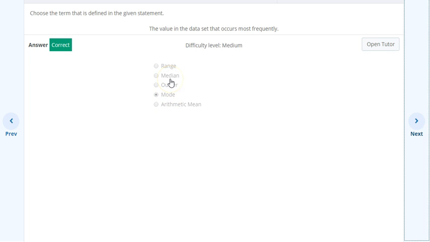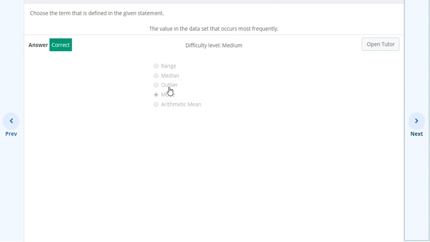The median is, once you line them up numerically from lowest to highest, if it's an odd number of data, you pick the middle one. That's the median. If it's even, you have to take the two center ones, average those together to get a mean of the two of them.